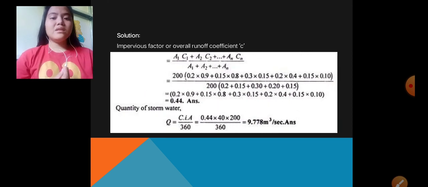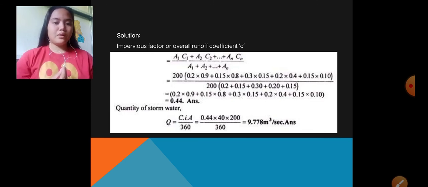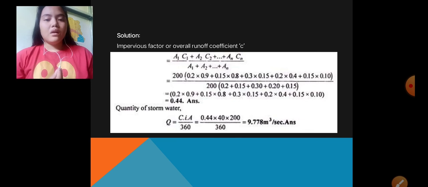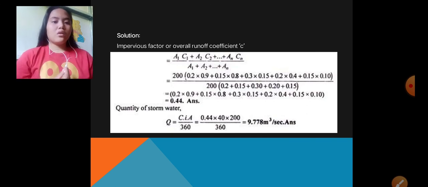So with percentage surface of 0.2 plus 0.15 plus 0.30 plus 0.2 plus 0.15. So in overall, the answer is 0.44. So that is our coefficient.